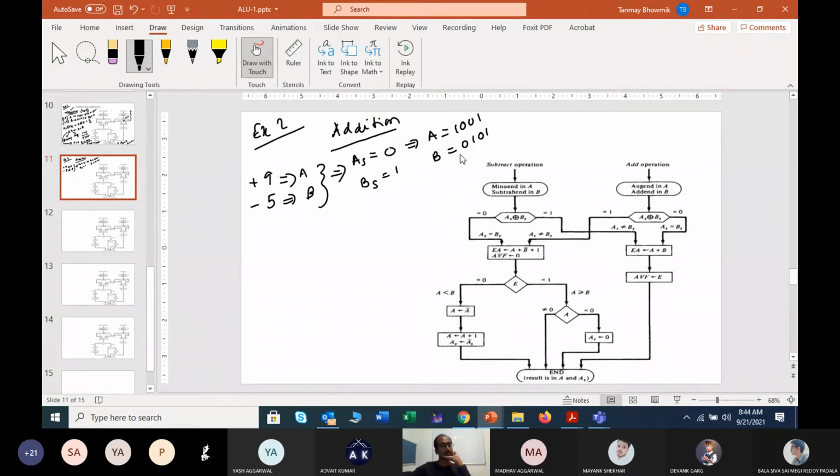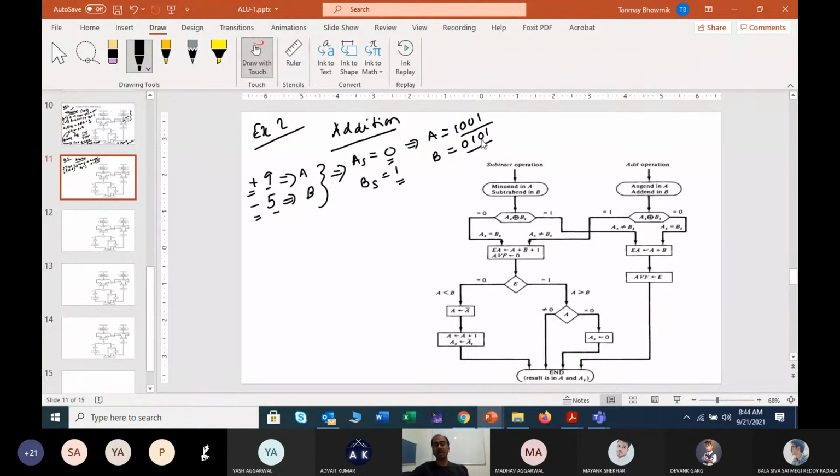Any confusion? I hope no. +9, for this plus sign AS is equal to 0, for this 9, this whole 4-bit data. -5, for this minus sign your BS is equal to 1, and for this 5, this is the 4-bit data, right?